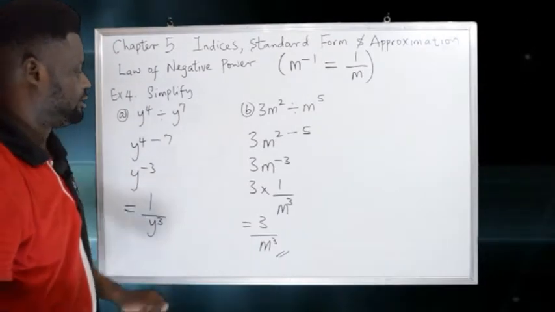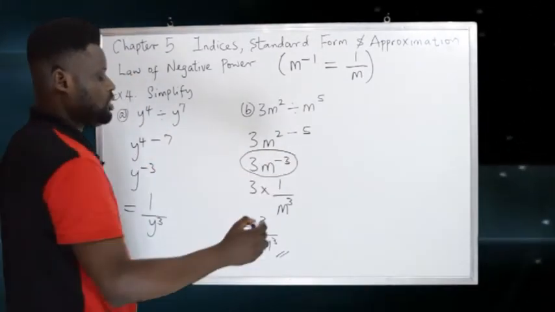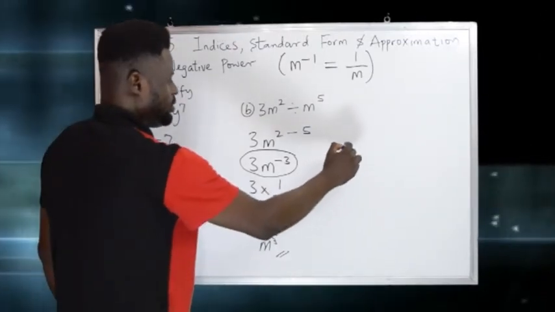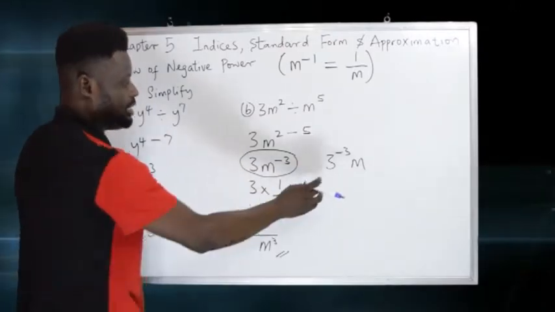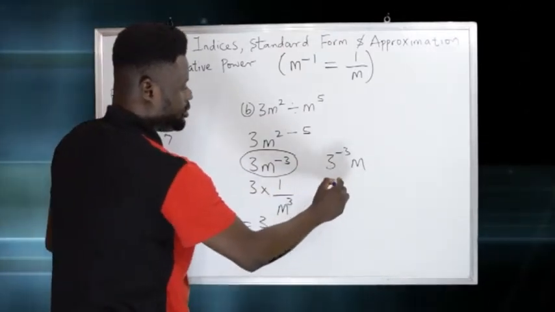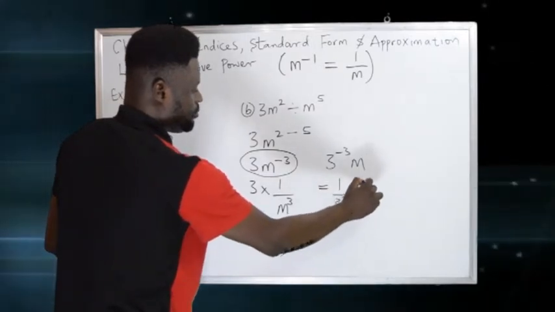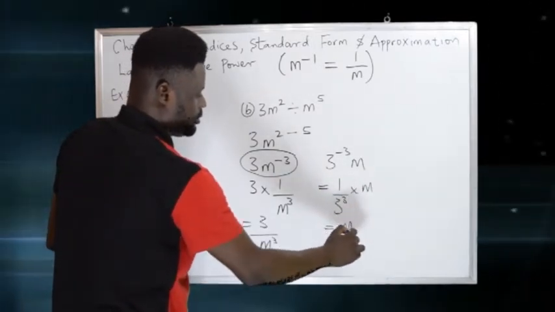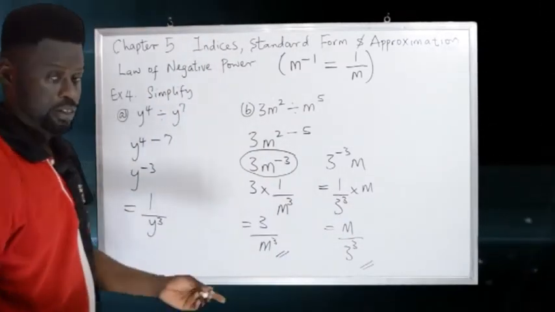Let's throw more light on this particular stage of the work. If in case you have it like this, 3m to the power minus 3, now in this scenario the minus is affecting only m, so it will be 3 times 1 divided by m raised to the power 3. Do you understand?